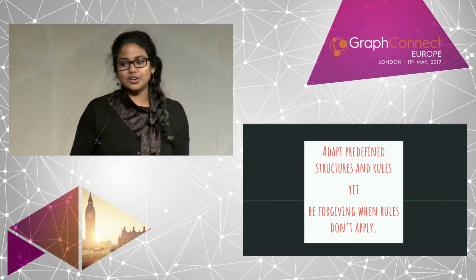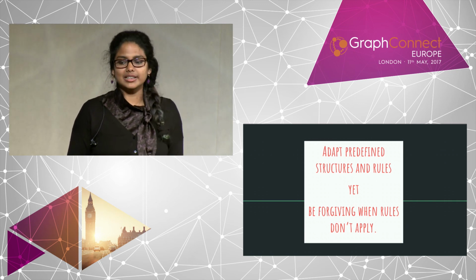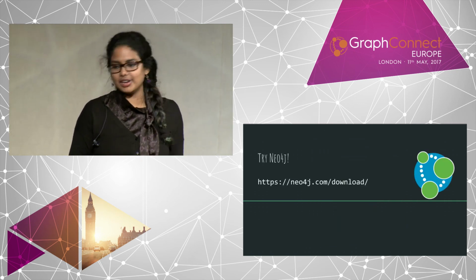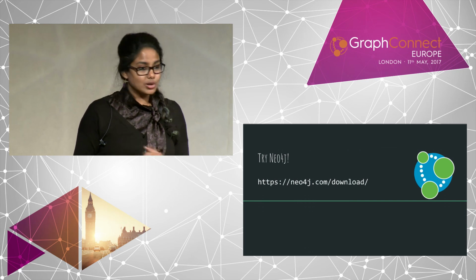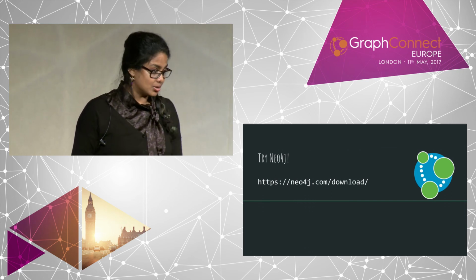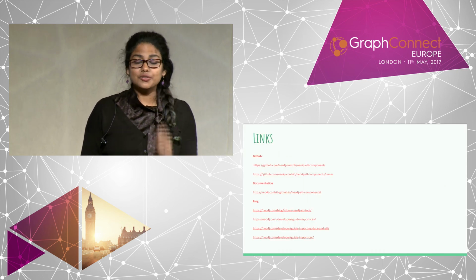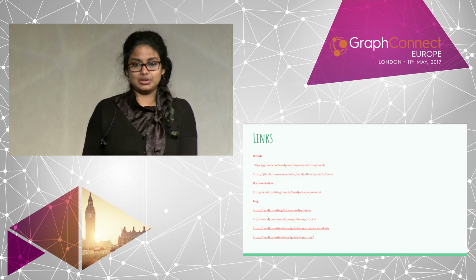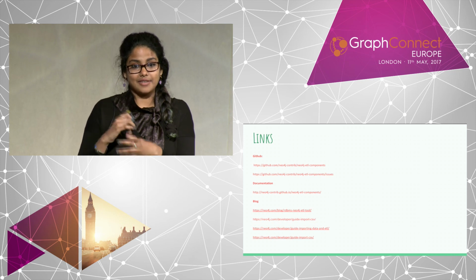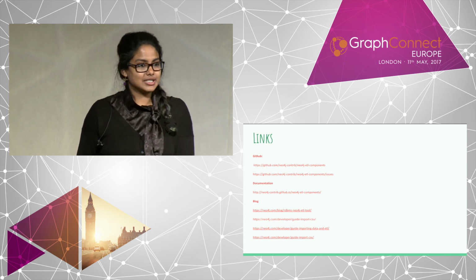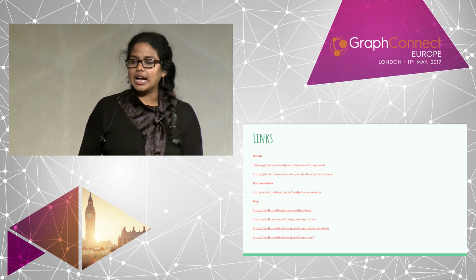And one thing Neo4j does really well is it helps you adapt predefined structures and rules and also be forgiving when those rules don't apply. So if you have anomalies outside your database schema, Neo4j lets you adopt that and have specific functionalities for those kinds of things.